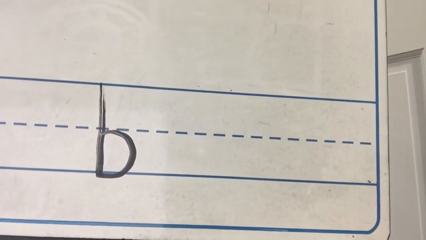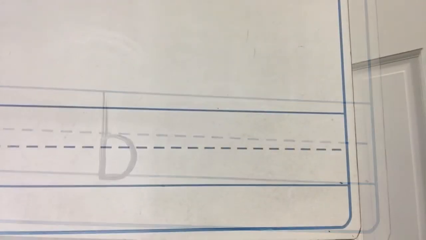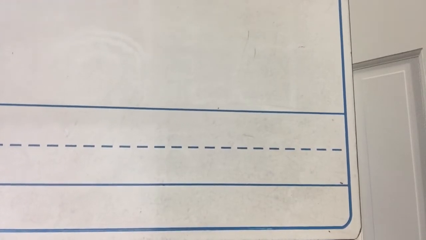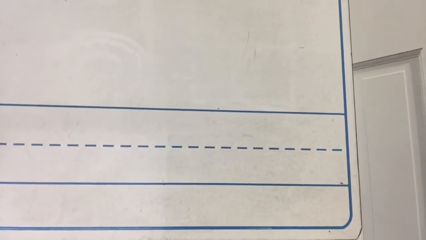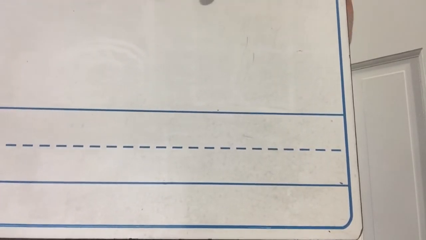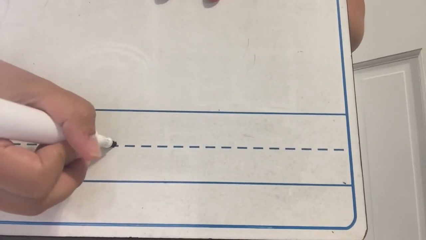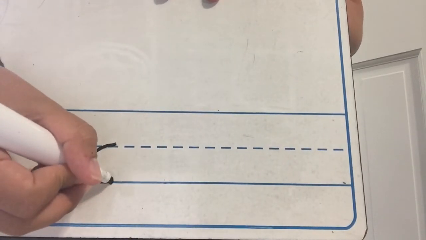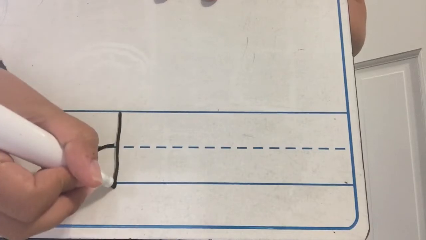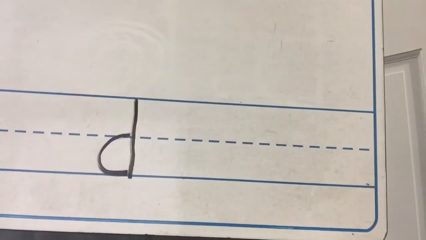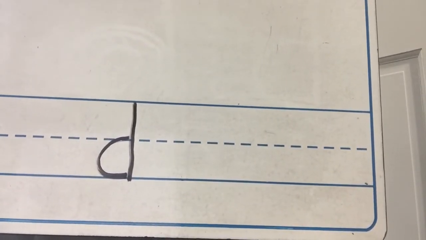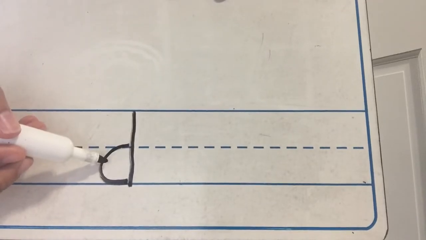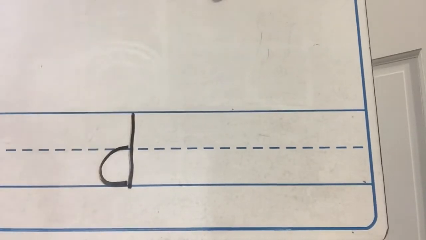And that way you know which way the bump goes. Now for lowercase d, you know that the donut always comes first. So that means the bump comes first. So we're going to make the bump first and then the line. And that is the way lowercase d goes. First the donut, then the line.